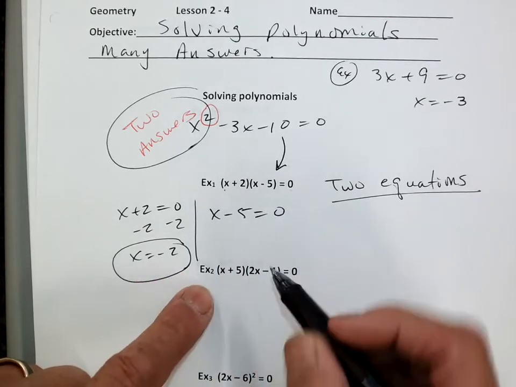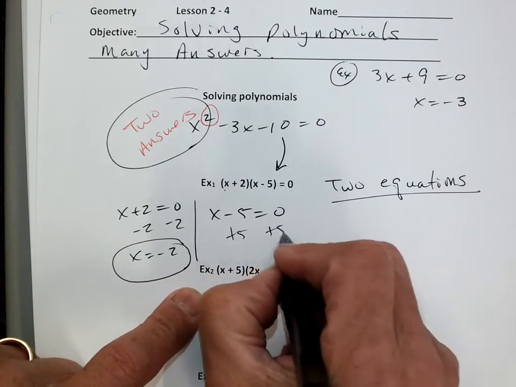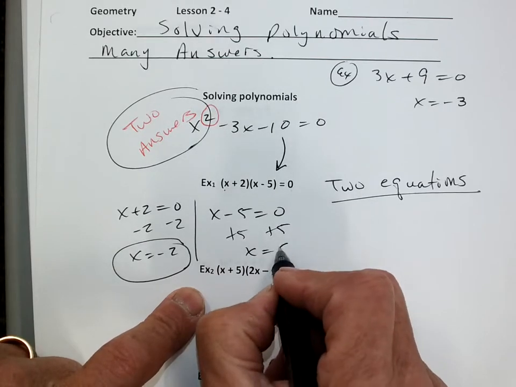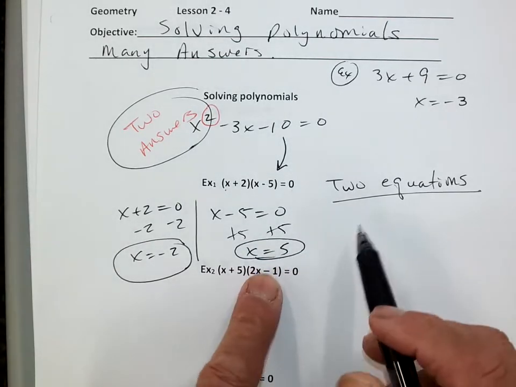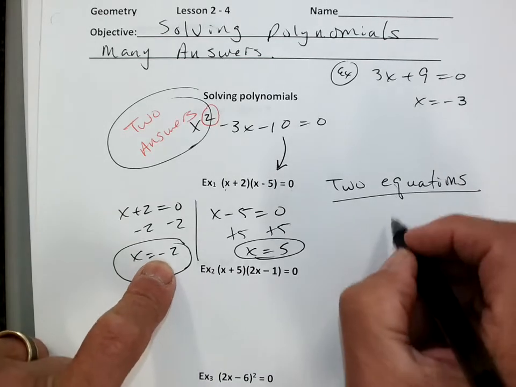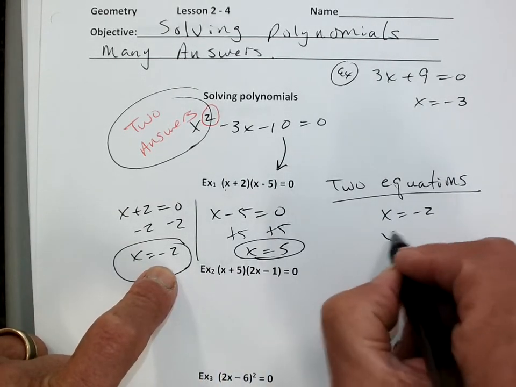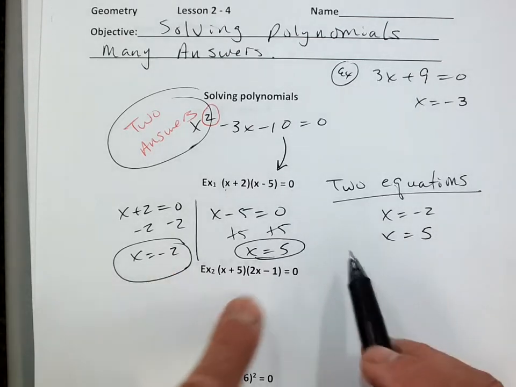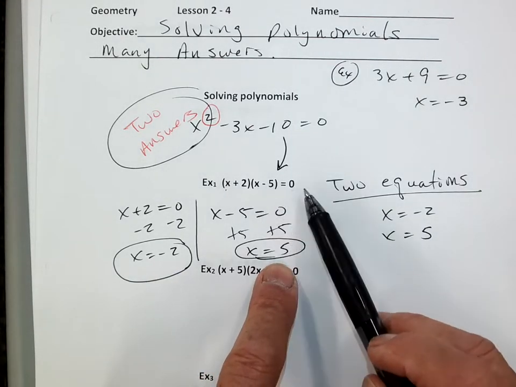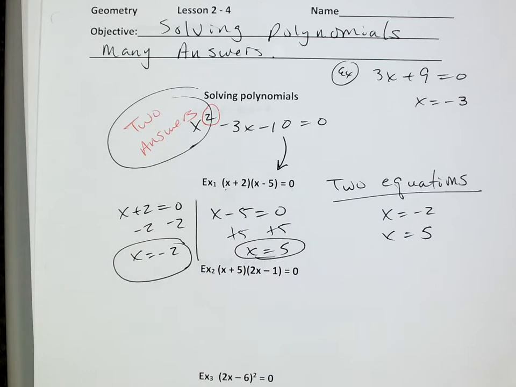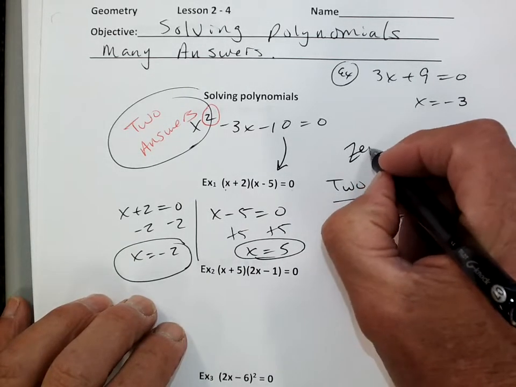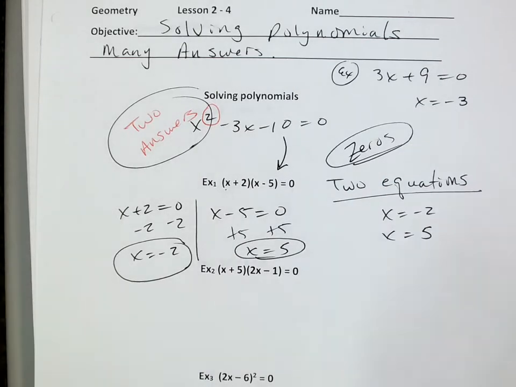To solve this one, we're going to go plus 5, and x is equal to 5. Two answers: x equals negative 2, and x equals 5. If I put in 5, 5 minus 5 is also 0. These are also called zeros because they make the problem be 0.